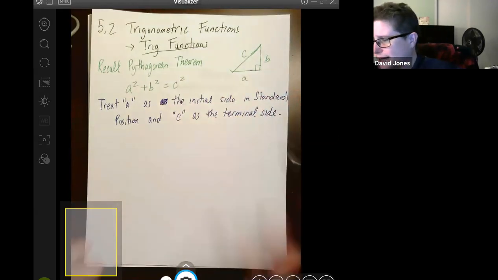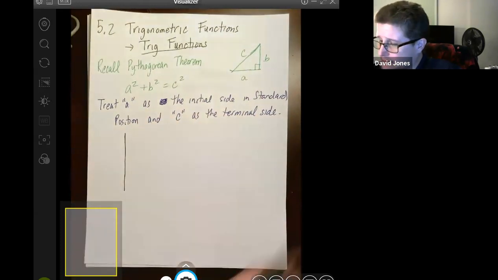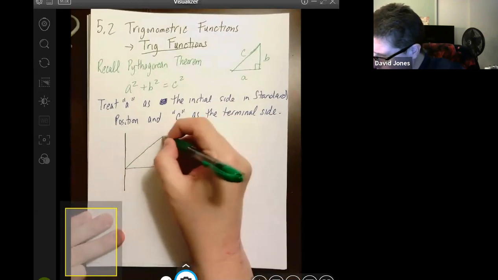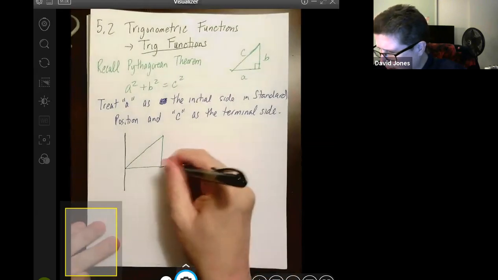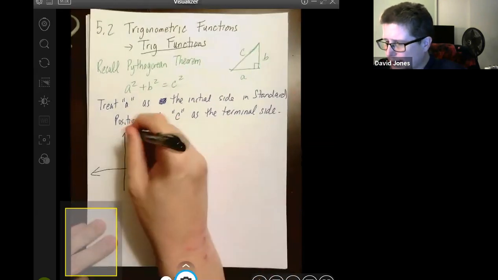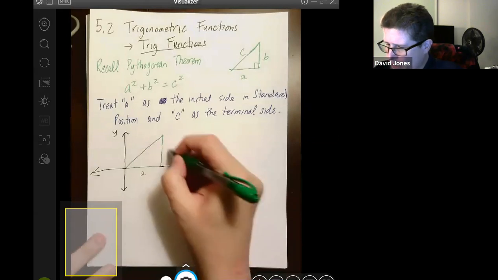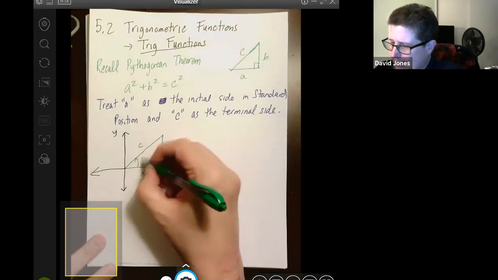So I'll redraw that. So there's my x-axis, my y-axis. This is side A, B, C. This is making an angle theta.